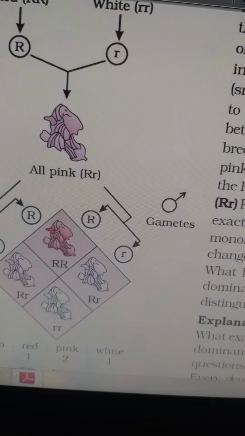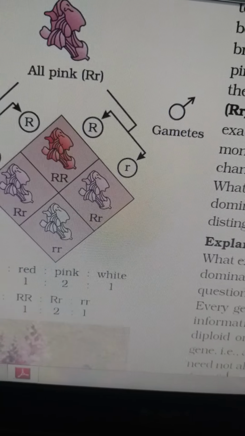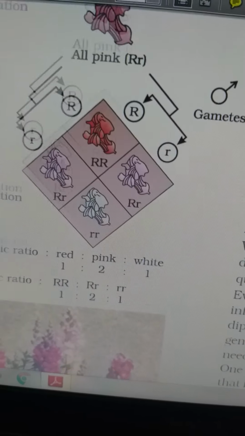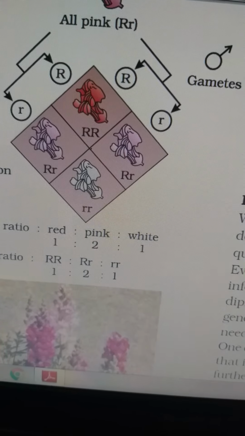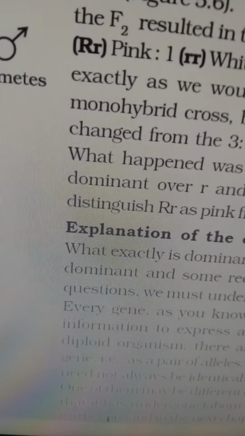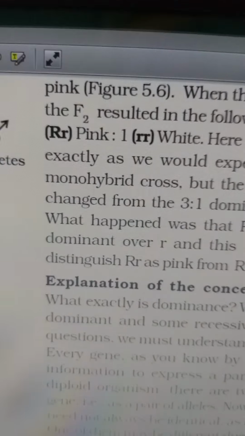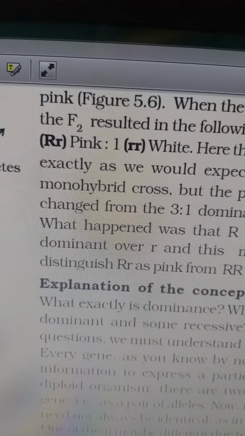Now if you go into the next generation, you get one red, two pink and one white. Exactly, it is a third type that is not the same as the parents.